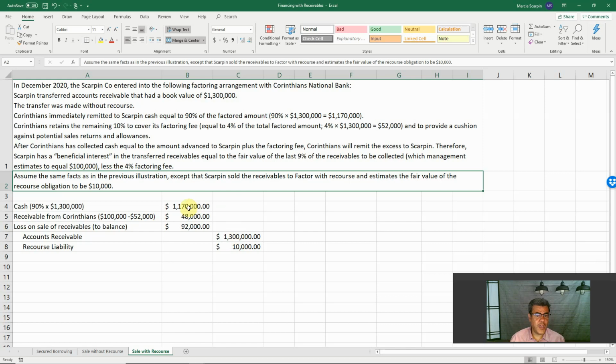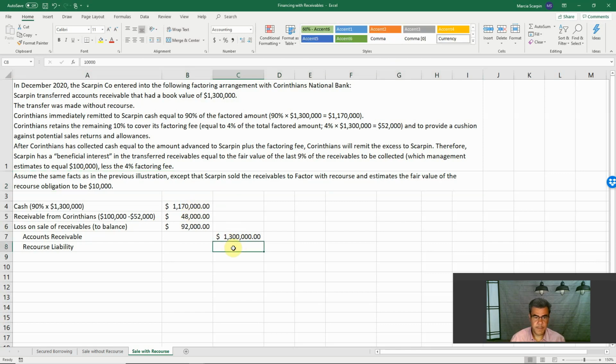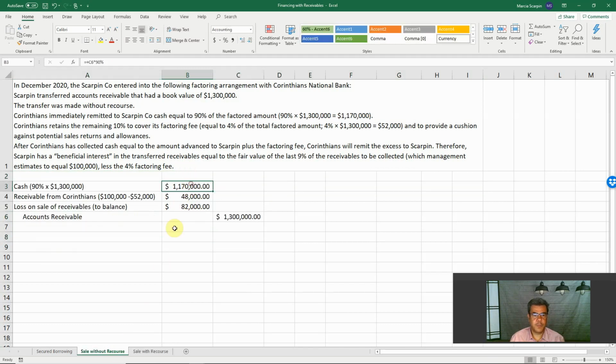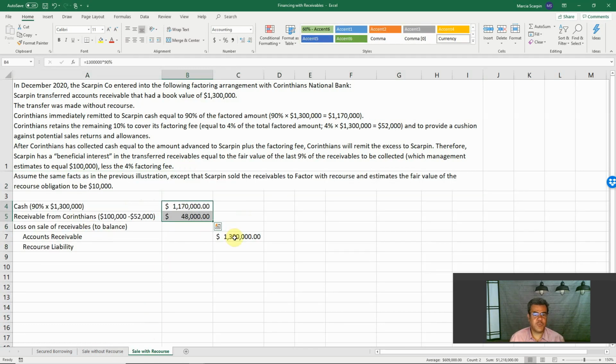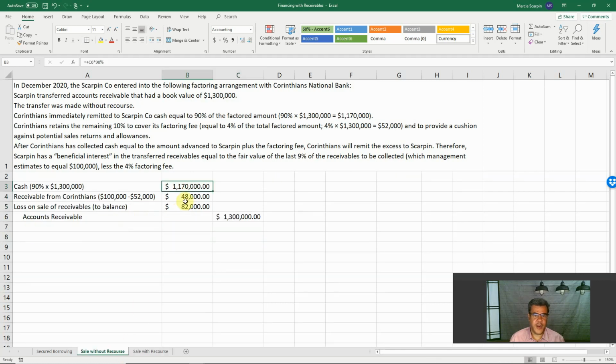So what do we have here? We have the same journal entries here. Cash 1.1, accounts receivable 1.3, receivable from Corinthians 48.